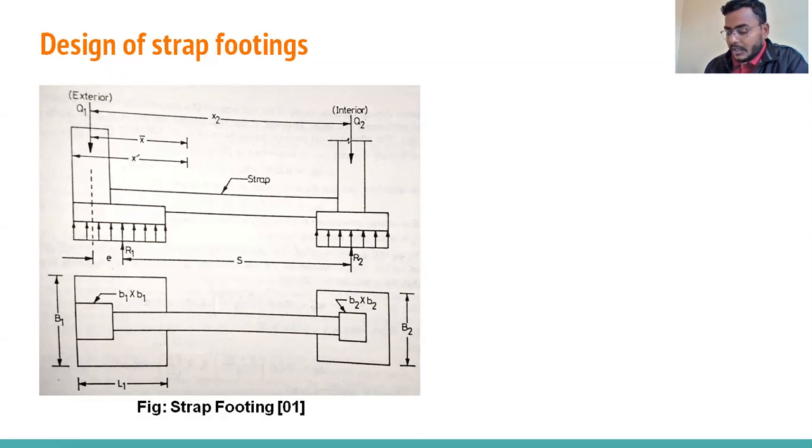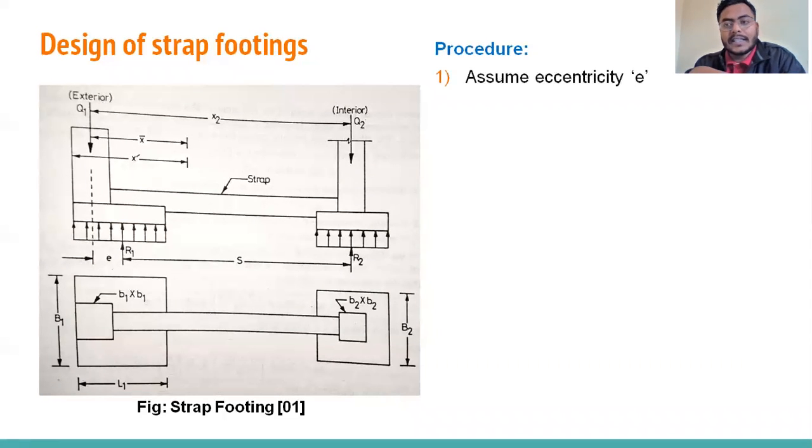First, we calculate or assume the eccentricity. E may be given in the question, or if it is not given, you have to assume some value, and according to your assumption you proceed with the further design procedure.